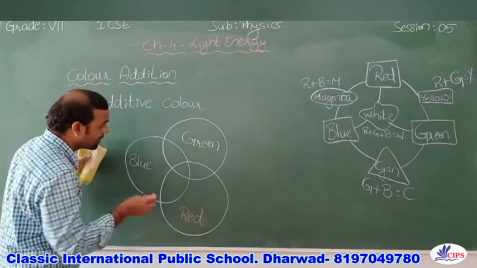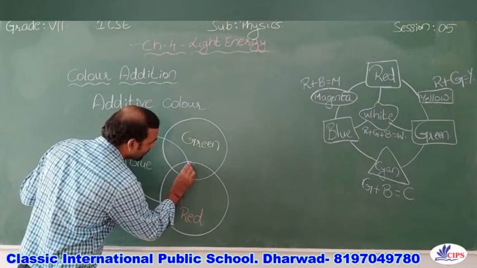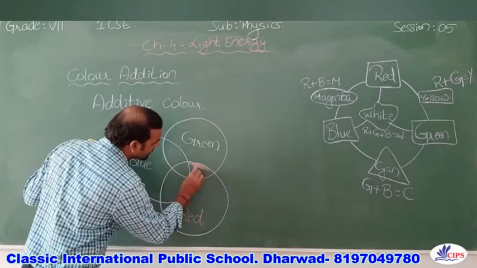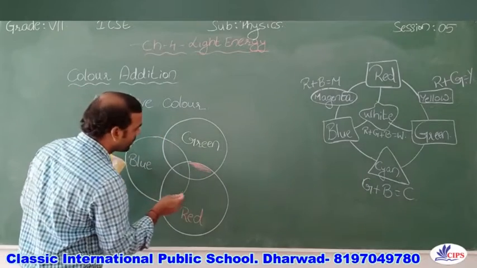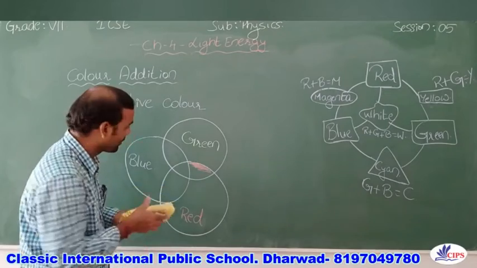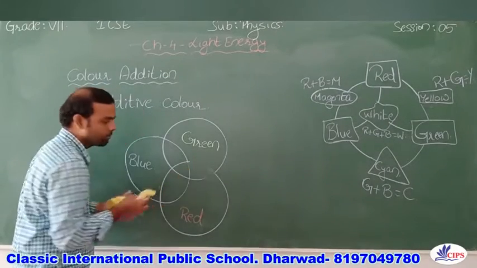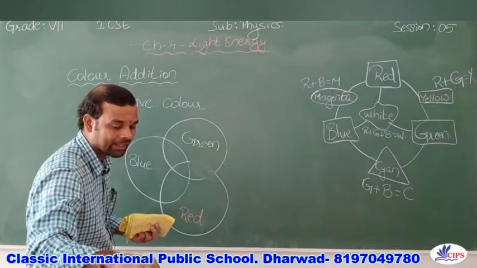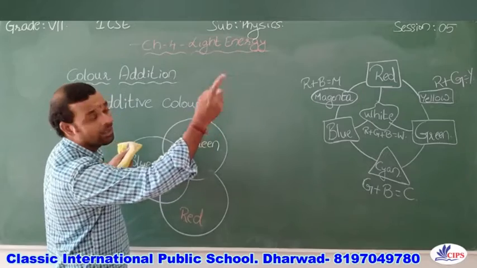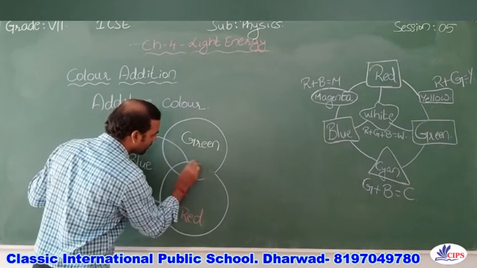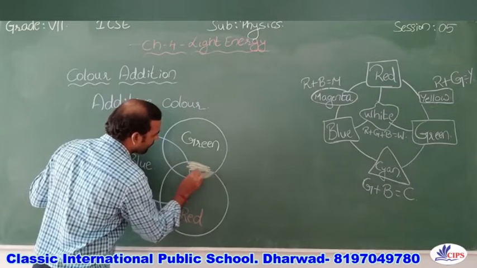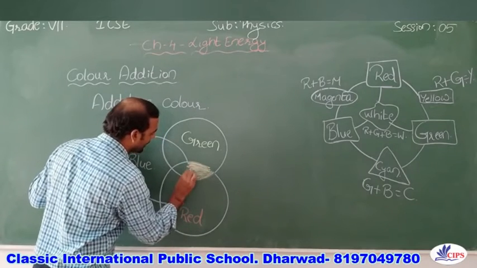So this part becomes the color yellow, because red and green, you can observe, is yellowish in color. So this part becomes yellow. Isn't it? Right.